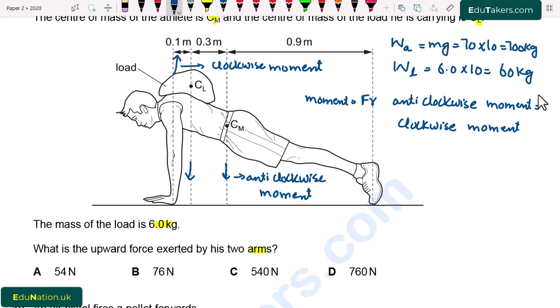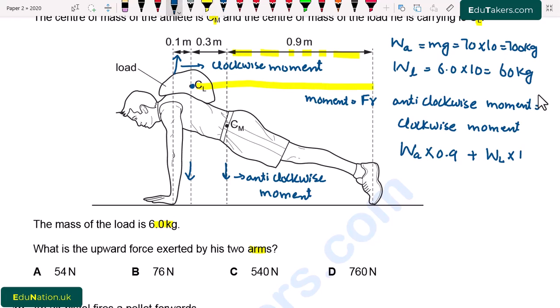So for the weight, I write here WA multiplied by the perpendicular distance, which in this case is 0.9, plus the weight of the load multiplied by the distance at which the load is acting. So this total distance is basically the perpendicular distance and it is equal to 1.2.